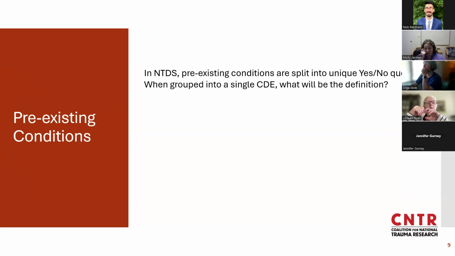So with this element, when we group them into a single element, we need to identify what that definition for that element would be, because when we look at NTDS, each specific pre-existing condition has its own unique definition.